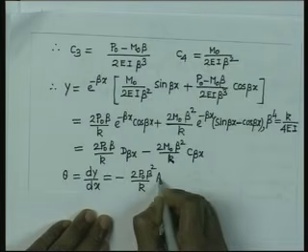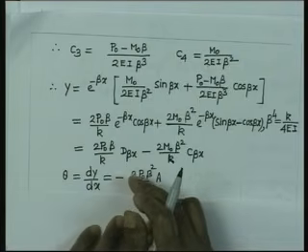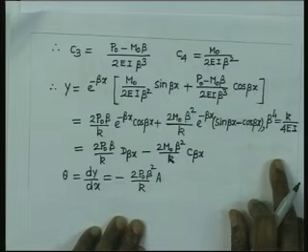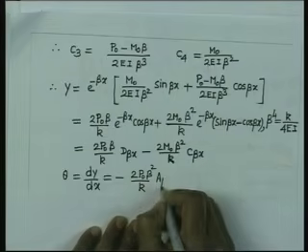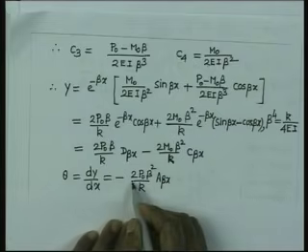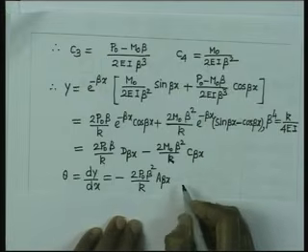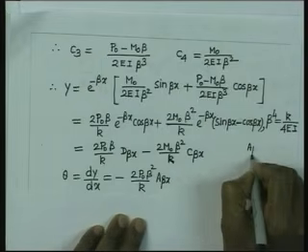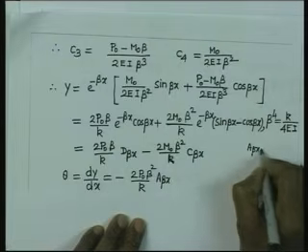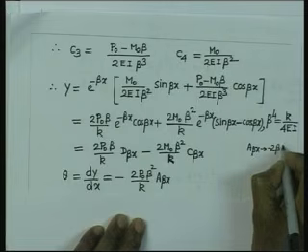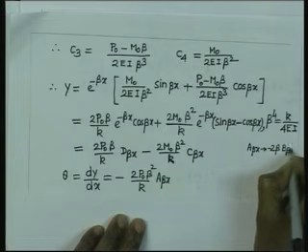If we differentiate this, it will give us minus 2 beta B beta x. So, therefore, this can be written as minus 2 P0 beta square by k A beta x. Once you differentiate it, it gives you twice beta into B beta x.